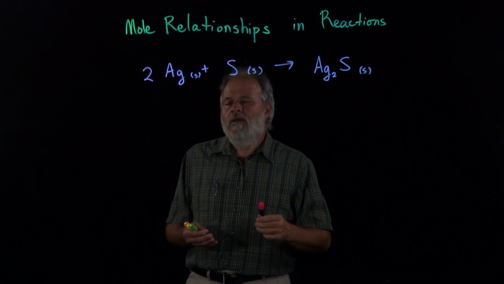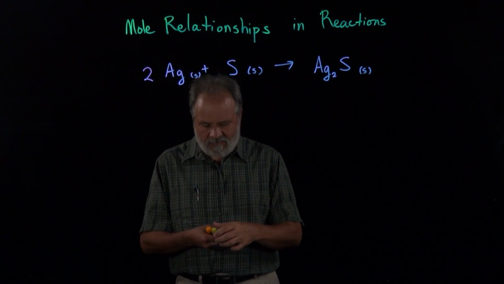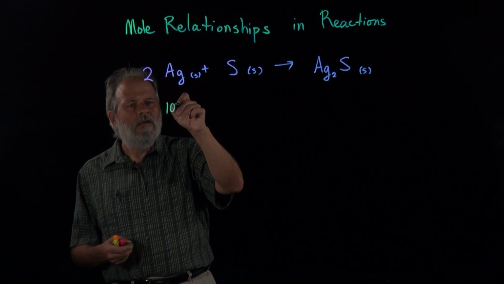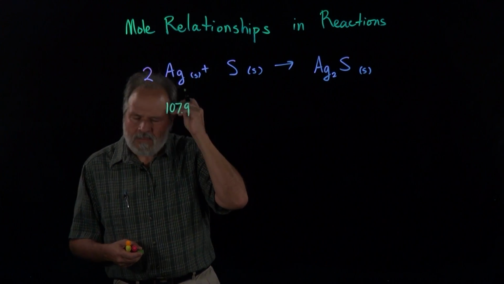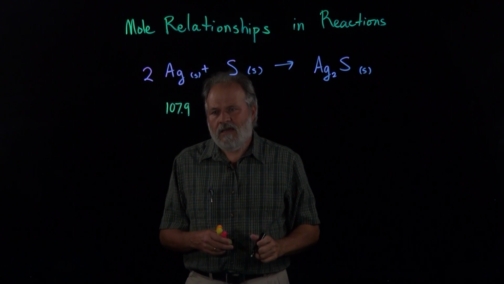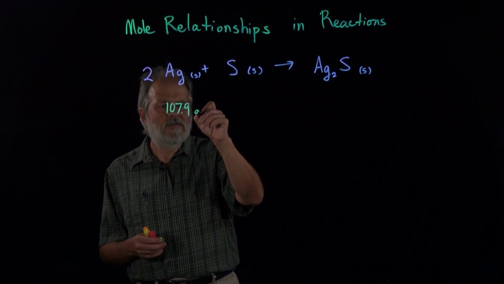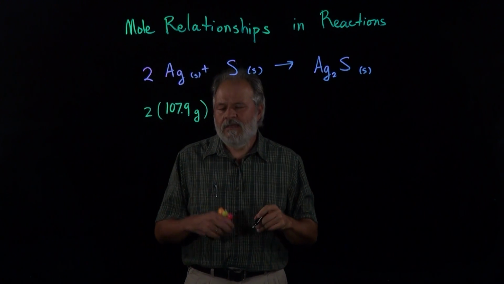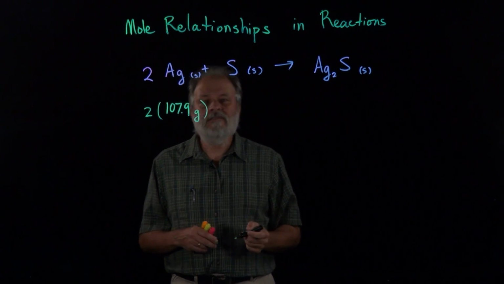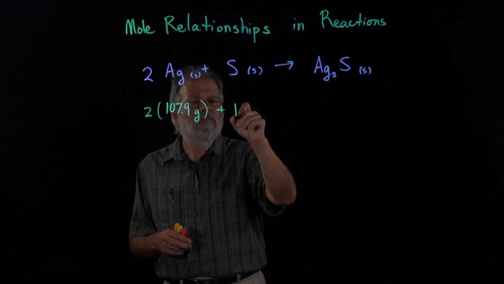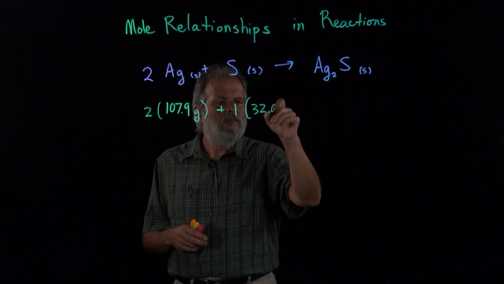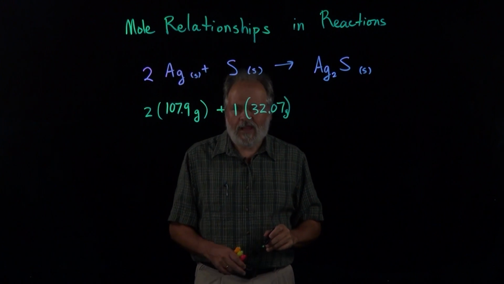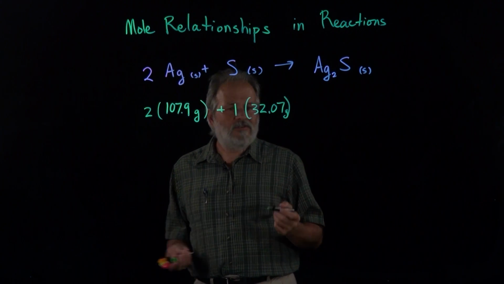And so one of the things about the molar mass of a substance is that we can look in the periodic table and say the molar mass of silver is 107.9 grams in a mole. Okay, but we have 2 moles, if we're just doing this in molar quantities, and if we're doing a stoichiometric reaction where there's 1 mole of sulfur, that would be 32.07 grams.